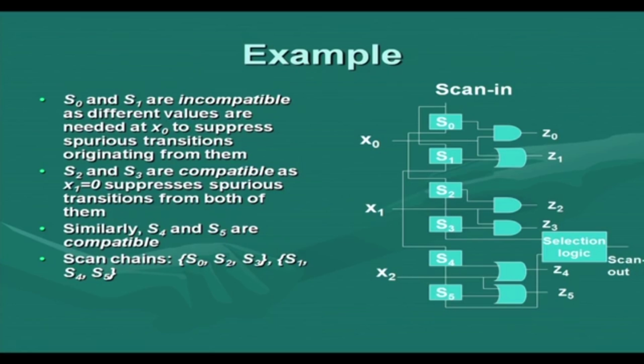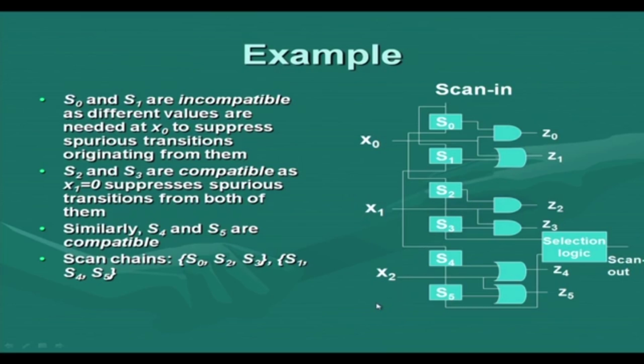Okay. So, when I have S0, S2, S3 in a set, we can control them by setting X0 and X1 to particular values so that they will not transit.